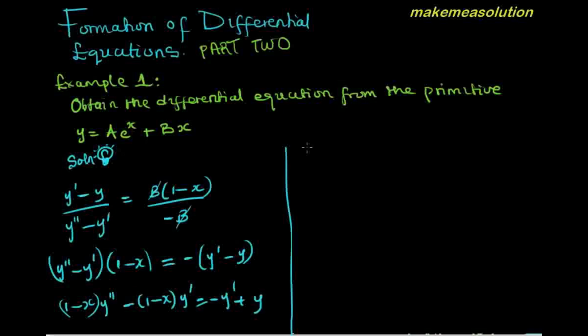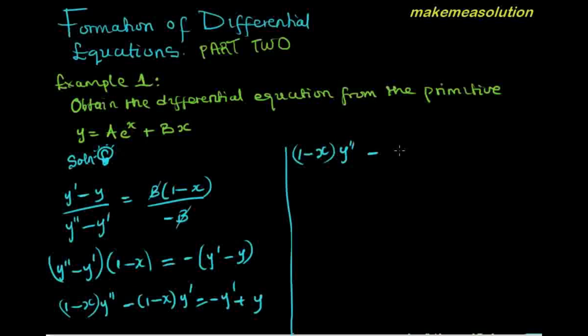So we are going to expand the brackets as follows. You don't need to expand the first term, so you just leave it as a coefficient of y double prime. We can expand the second term because I can see a y prime on the right hand side.